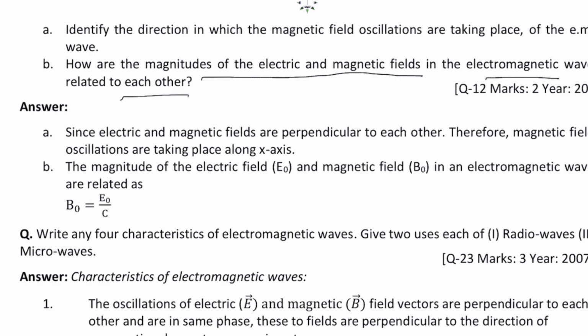This is already explained, but let's see. Since the electric and magnetic fields are perpendicular to each other, the magnetic field oscillations are taking place along the x-axis. The magnitudes of the electric and magnetic fields are related by E0 by B0 equals C, where C is the velocity of the electromagnetic wave.